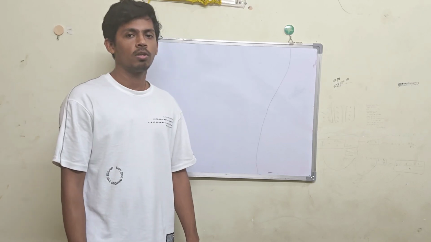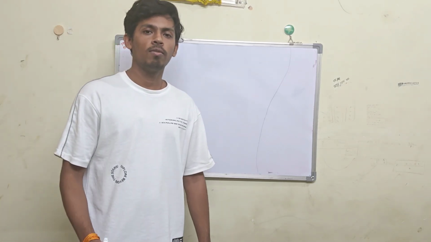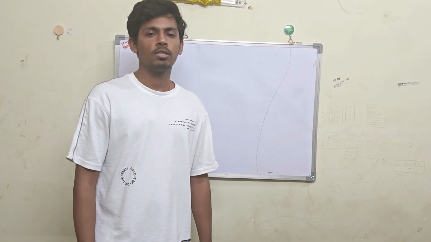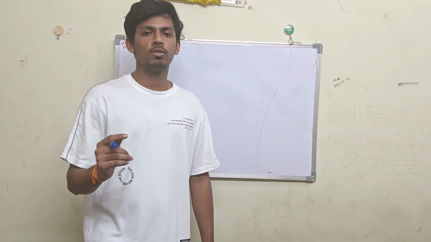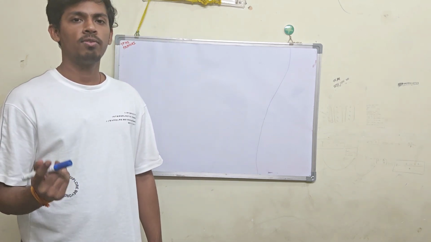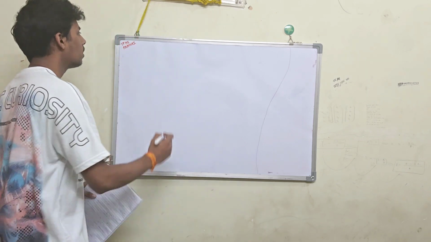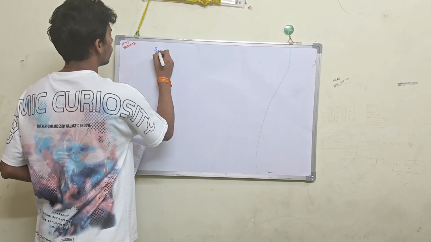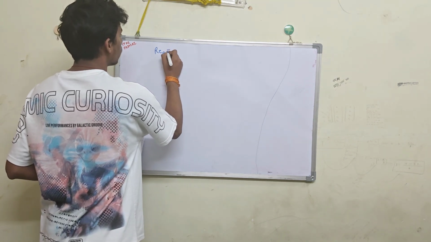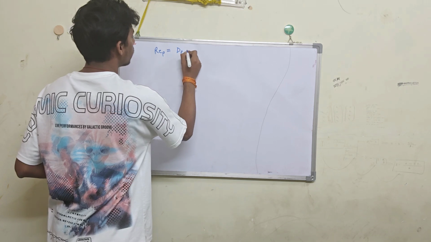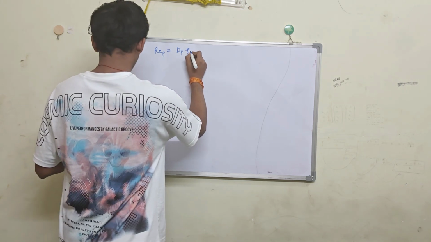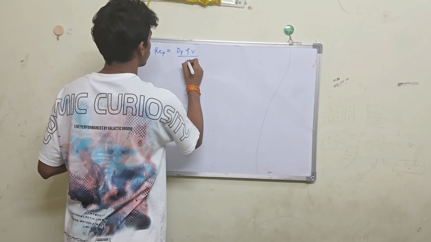Now we will see the solution of this question. Solving any packed bed question, the very first step is always to calculate the Reynolds number, which we have done in our previous two questions also. So here also, firstly we will calculate the particle Reynolds number, which is given by dp rho v by mu.